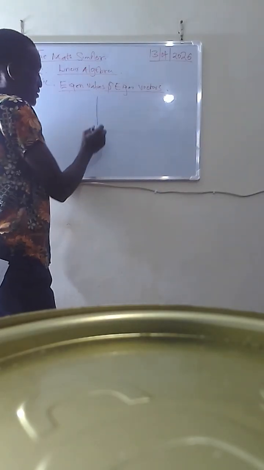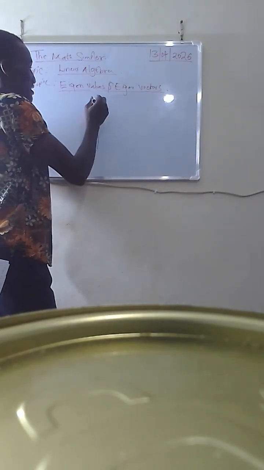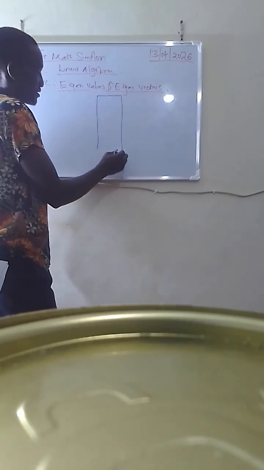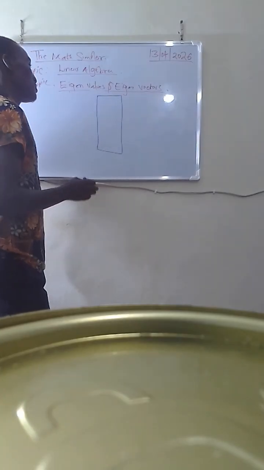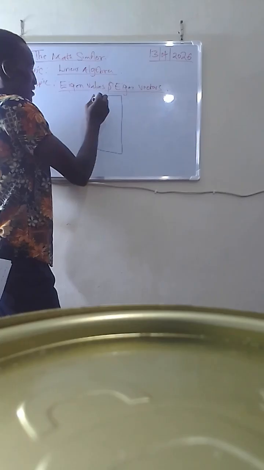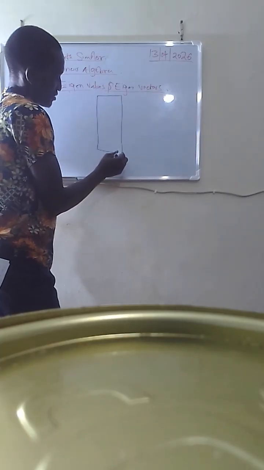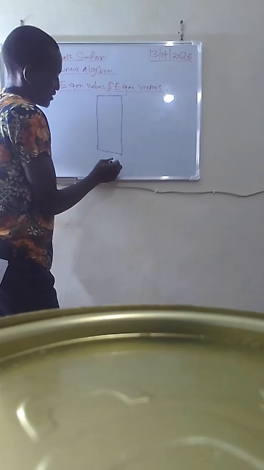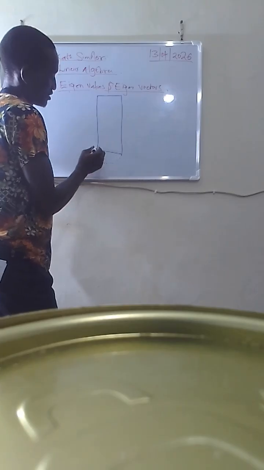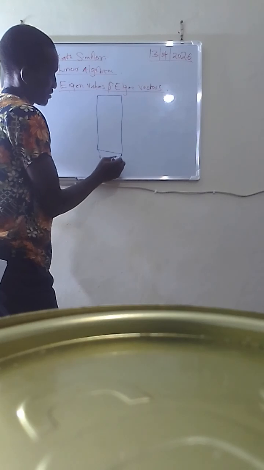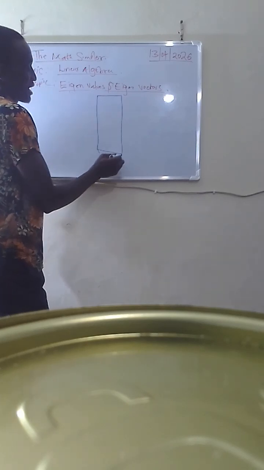For example, this is a door, and when it is open, it follows this track.